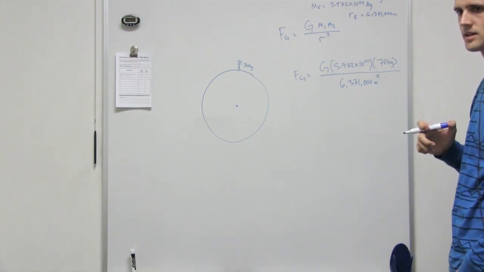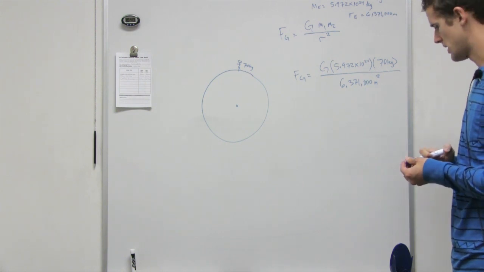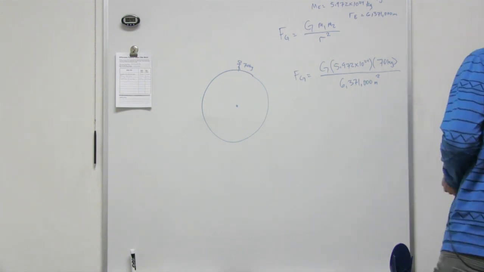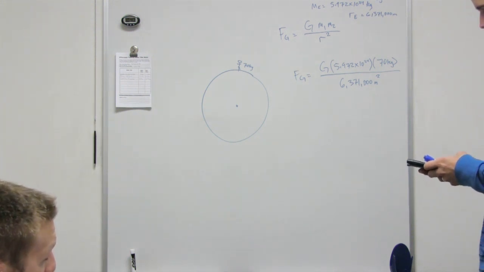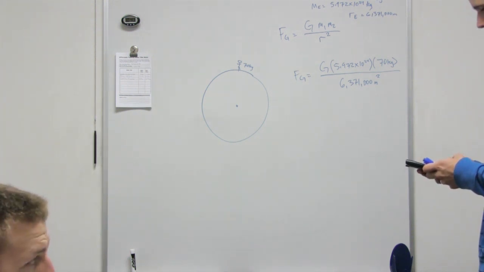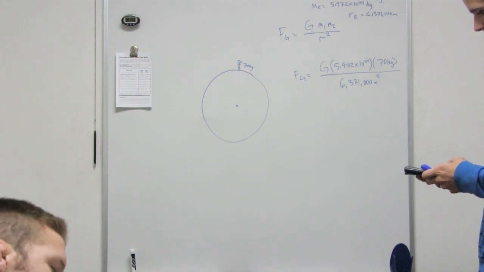And what happens is, 6.6738 times 10 to the negative 11.